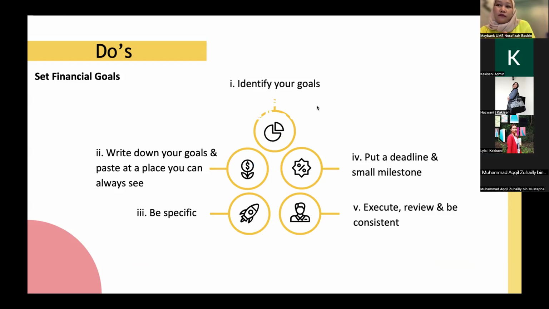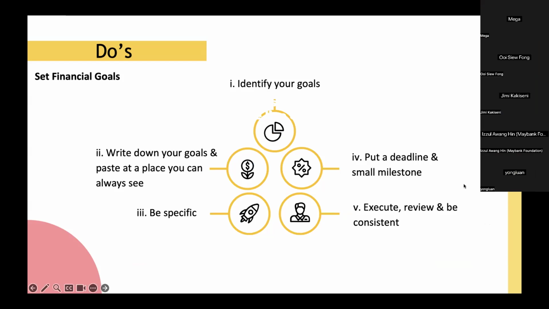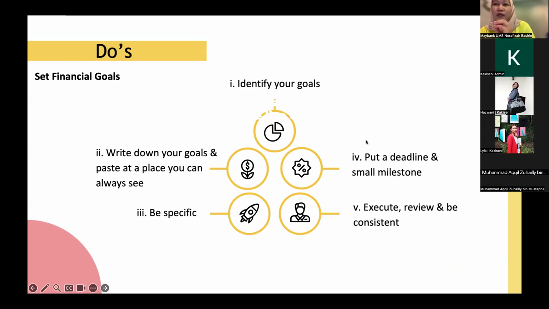You have to identify your goals and write it down in a place that you can easily see. So when you always see it, you will always remember it, and you will be reminded of the goals that you want to achieve, maybe in 5 or 10 years time.